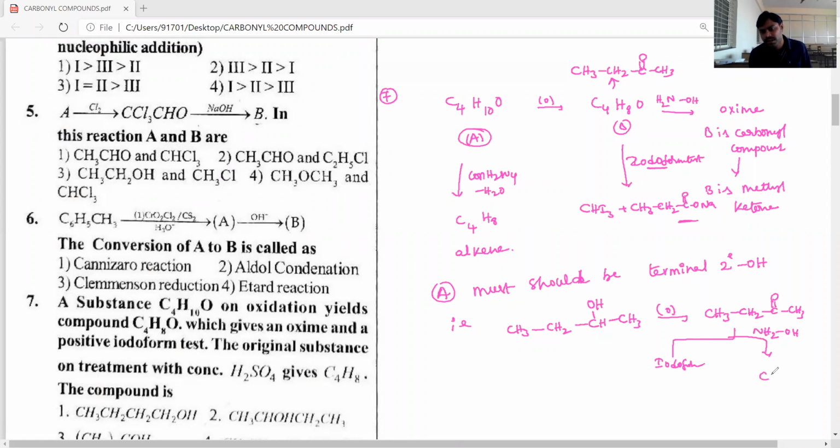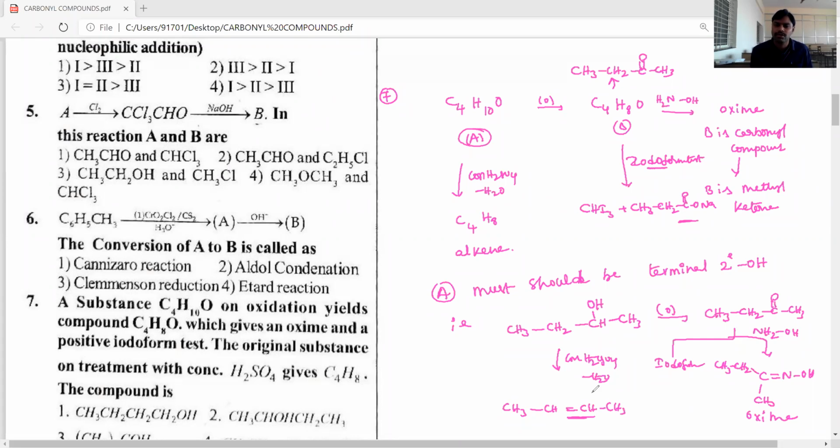What is that oxime formula, dear students? NOH, here a CH3 group is present and here CH2, CH3. This oxime, when treated with concentrated H2SO4, loses a water molecule and produces CH3, CH double bond CH, CH3 according to Saytzeff rule. But-2-ene is the major product and but-1-ene also forms.